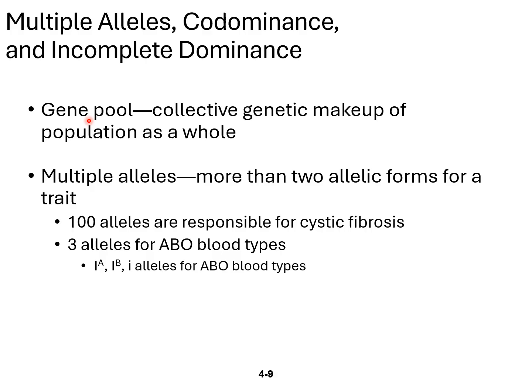And if you have multiple alleles, more than 2 allelic forms for a trait, 100 alleles are responsible for cystic fibrosis. 3 alleles are responsible for ABO blood types, and those are the 3 alleles. So like I said, this isn't in red, you don't have to memorize it, but it is very, very complicated to look at everything that's possible, and all the different outcomes that could happen in an offspring.